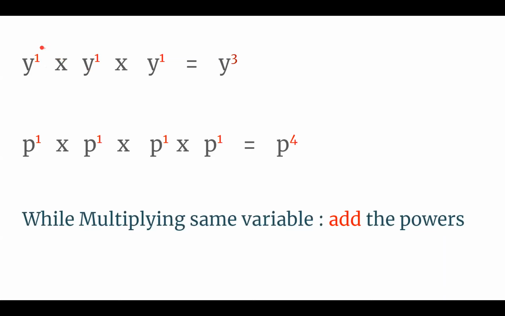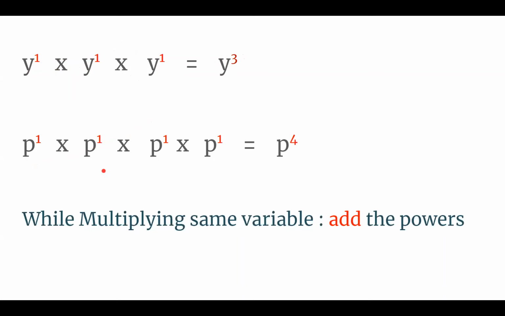So the number of times I am multiplying y, each time I'm recognizing what was the power of the y that I had in question. The power of y in this question is 1. So each time when I multiply a y, I'm using a 1 and another 1 and another 1. So all the ones I added together and I made a y cube.